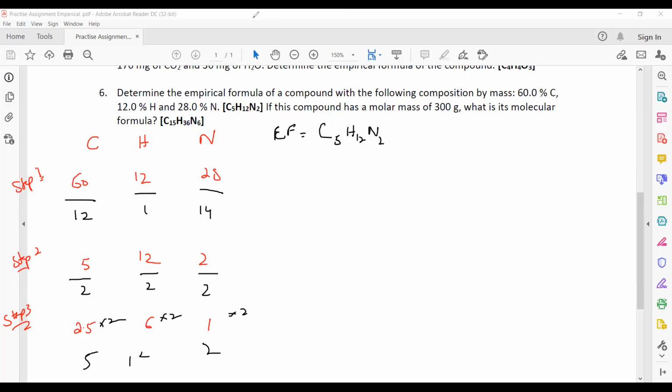Now the second part, we have to find the molecular formula. The molecular mass is given as 300, and we want to find the molecular formula. So molecular formula is equal to empirical formula multiplied by n. We have the empirical formula, which is C5H12N2.